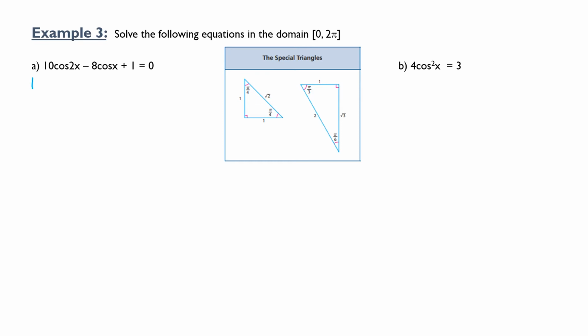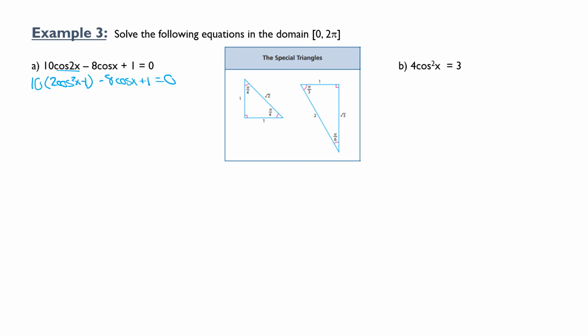So the 10 is a 10, but instead of cos 2x, I'm switching that out for 2 cos squared x minus 1. And then minus 8 cos x is fine. Plus 1 equals 0.